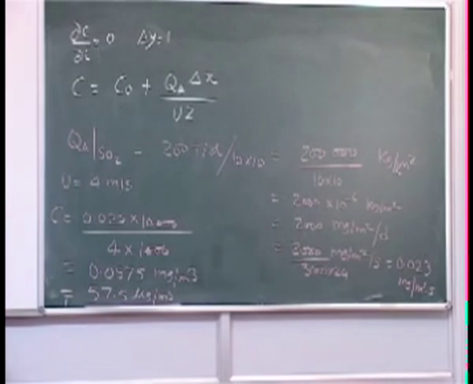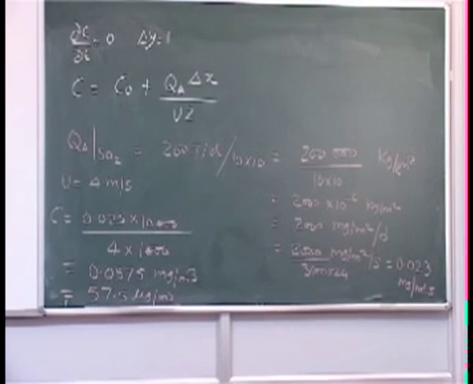So you expect average concentration of sulfur dioxide in Kanpur to be about 57.5 micrograms per meter cube. Okay, is this part clear?